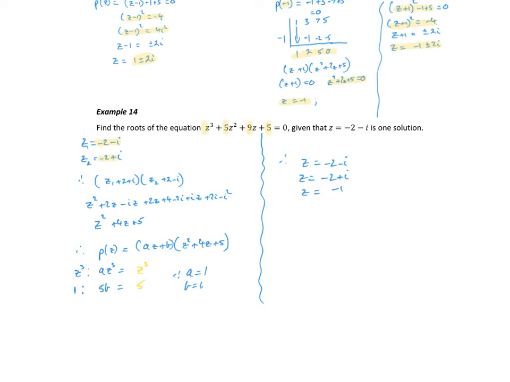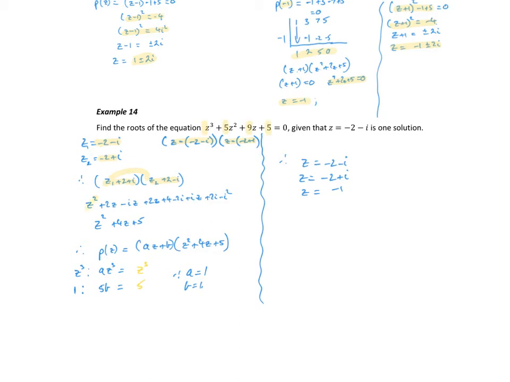All right, so z minus 2 minus i as a factor, what I'm really saying is that's the same as z minus 2 minus i and z minus 2 plus i, my two solutions. So if I do that, that becomes z plus 2 plus i, z plus 2 minus i. If I expand those, just do your standard expansion and treat it a little bit like z plus 2 all squared.